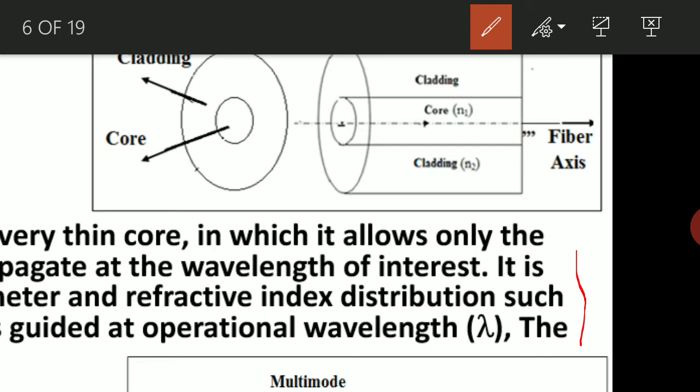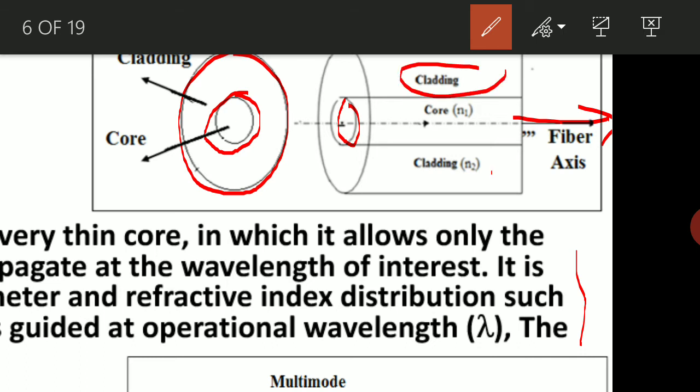This is the core of the fiber, and surrounding the region is the cladding, the cross-sectional view you have taken. If you take the optical fiber, at the center we can see this is the core of the fiber and this is the axis of the fiber. Similarly, the cladding will be there surrounding the core.